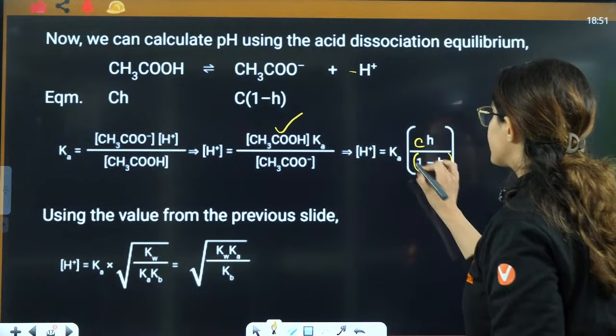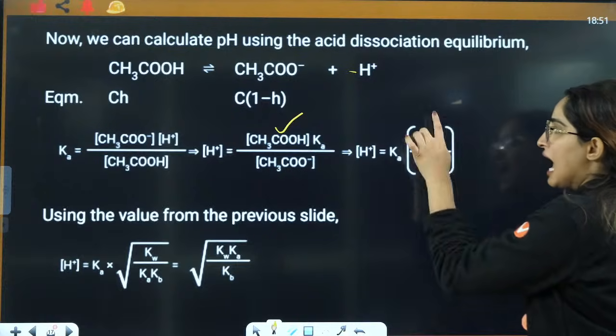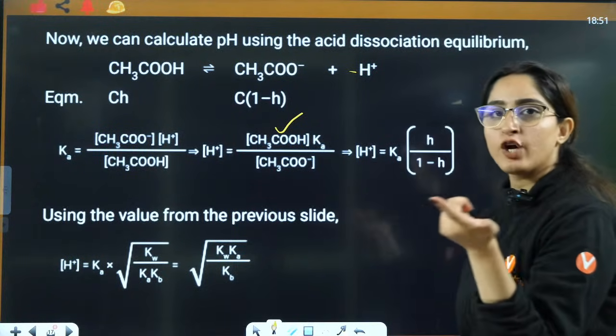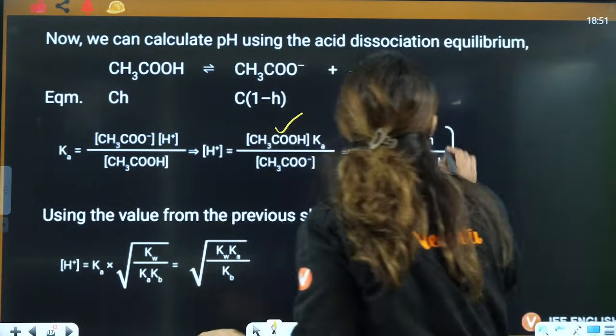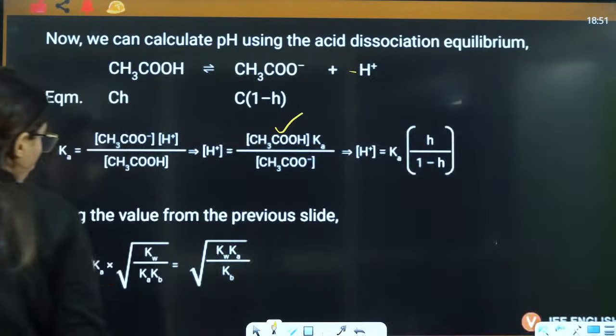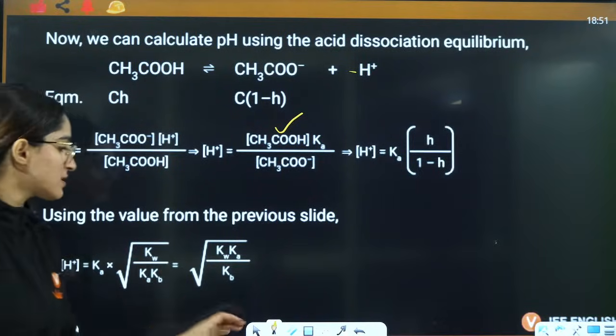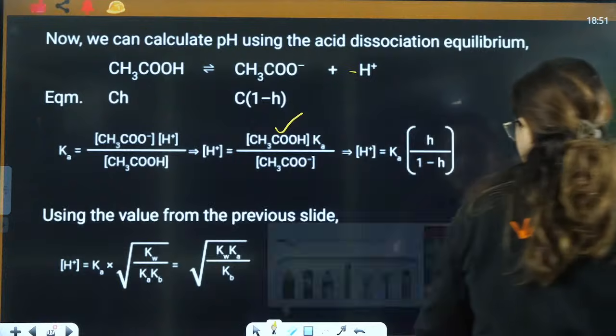This is C minus CH, this will cancel, so it is H over 1 minus H. And we have already calculated the value of H over 1 minus H. That is equal to the square root of Kw by Ka into Kb. You solve this and you get your answer here.